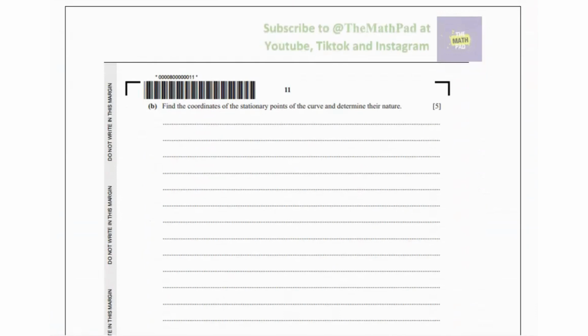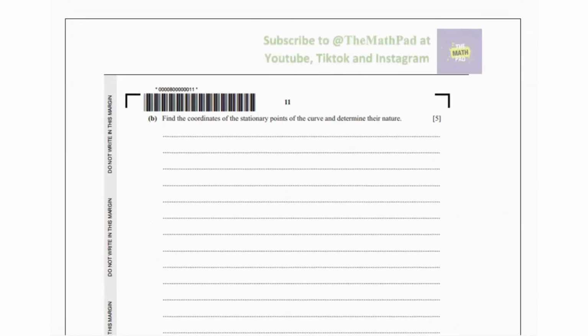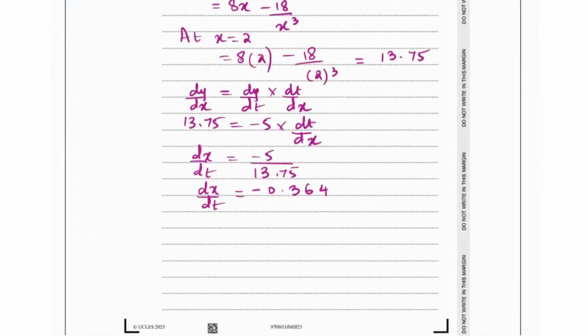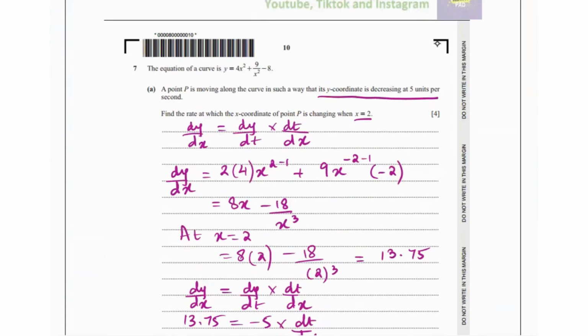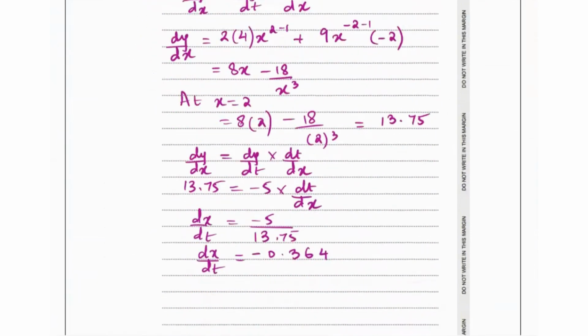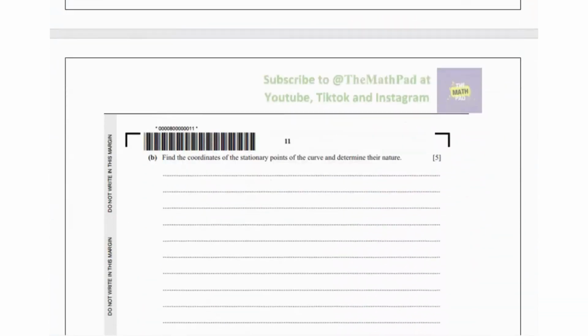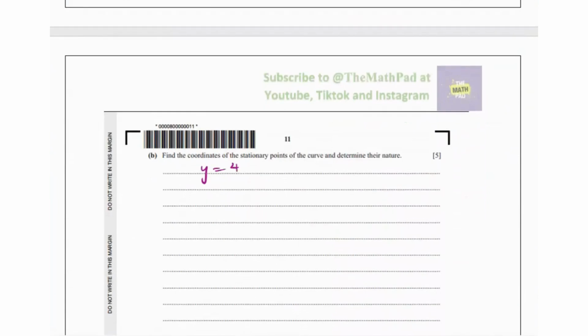Then find the coordinates of the stationary points of the curve and determine their nature. The curve is y equals 4x squared plus 9 over x squared minus 8.